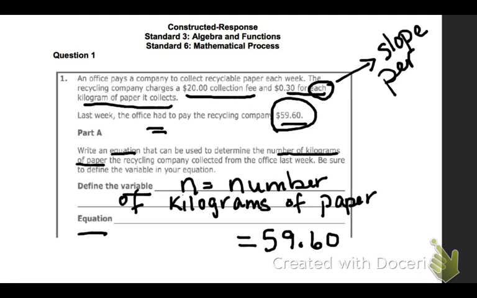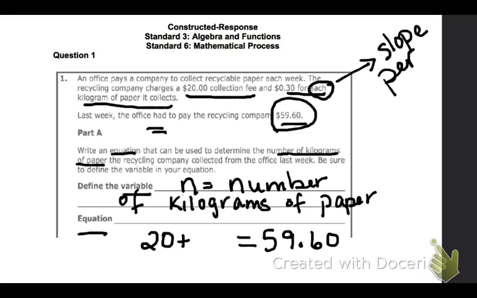Okay, so it looks to me as though I want to say that it's $20 just for them to come to the office. It's just a flat fee. Doesn't matter how much you are collecting. And then it is 30 cents.